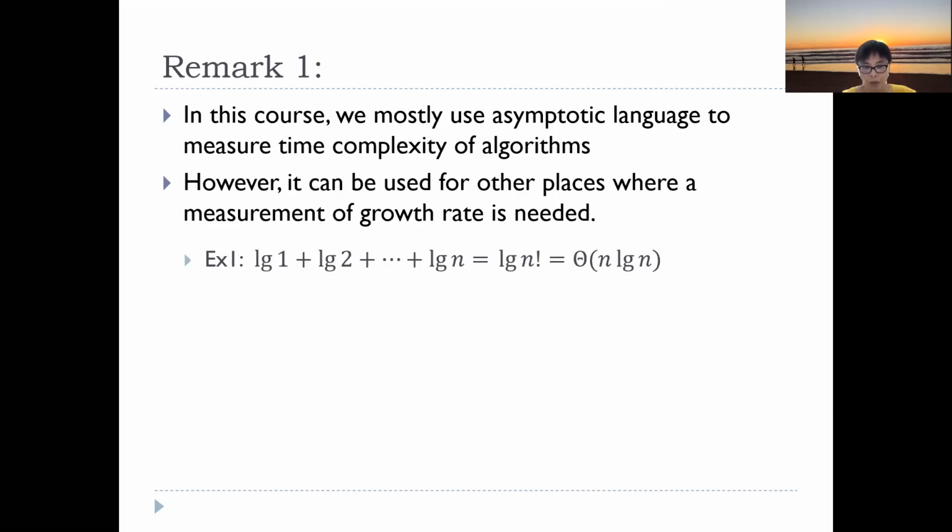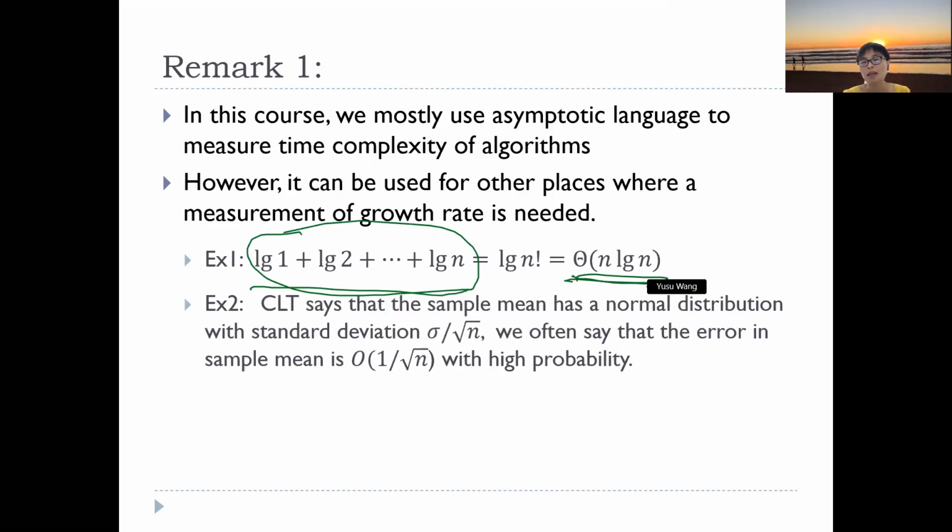For example, if I want to have some idea what this sum gives me, this log of n factorial is a very complicated number, but I just want to know roughly how big it is. Then this tells me it essentially grows like n log n.